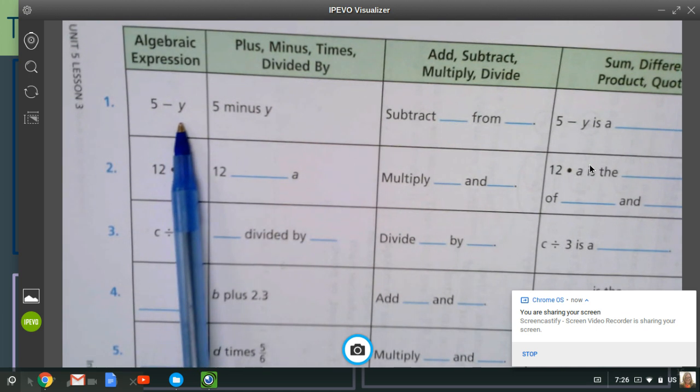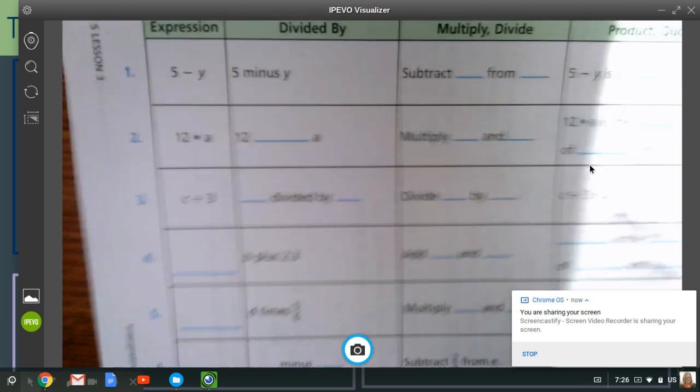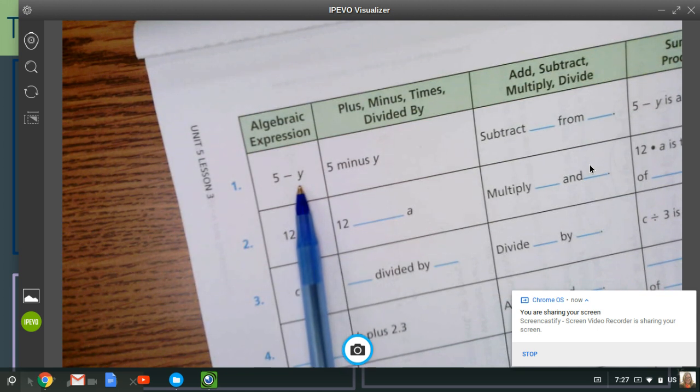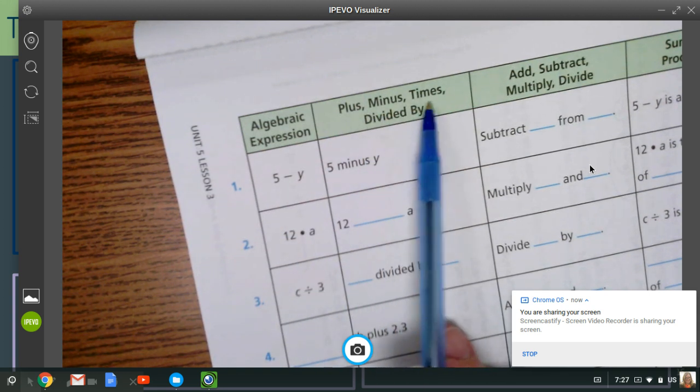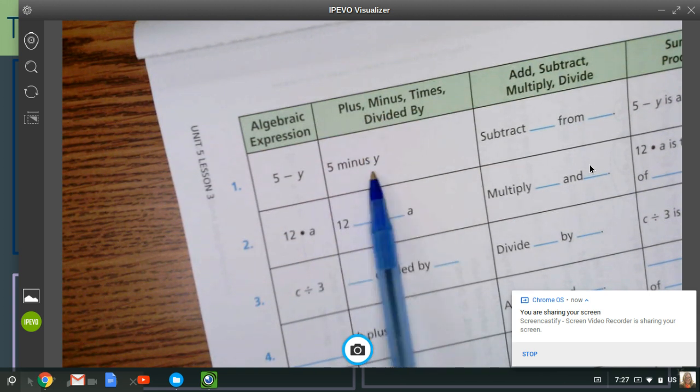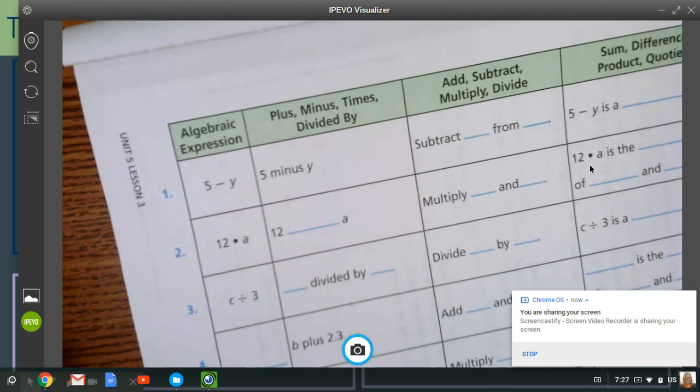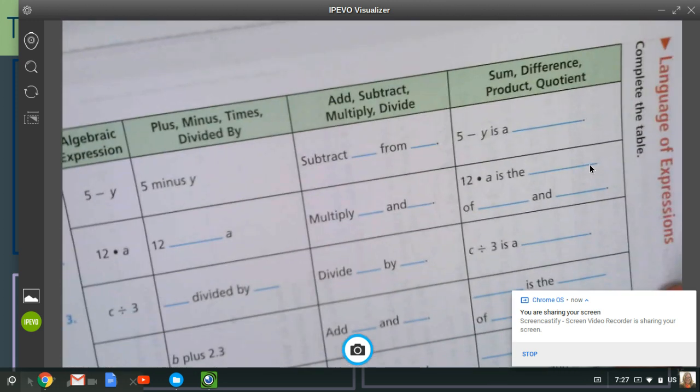The algebraic expression is what you'll see in the left side column. We have 5 minus y, or 5 subtract y. This is how you would say it, 5 minus y. So we're just going to fill in this chart as we go.